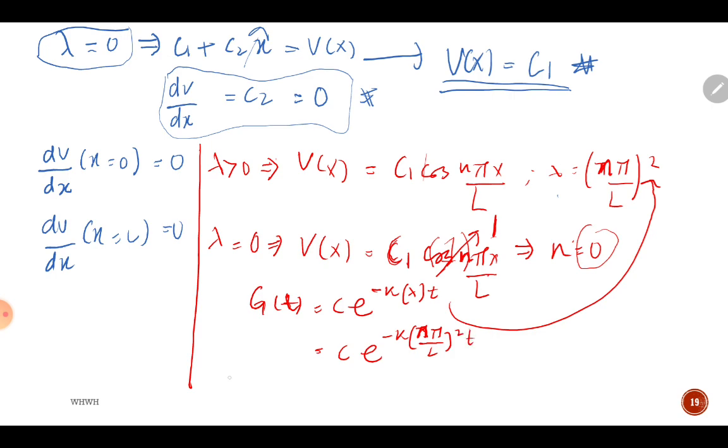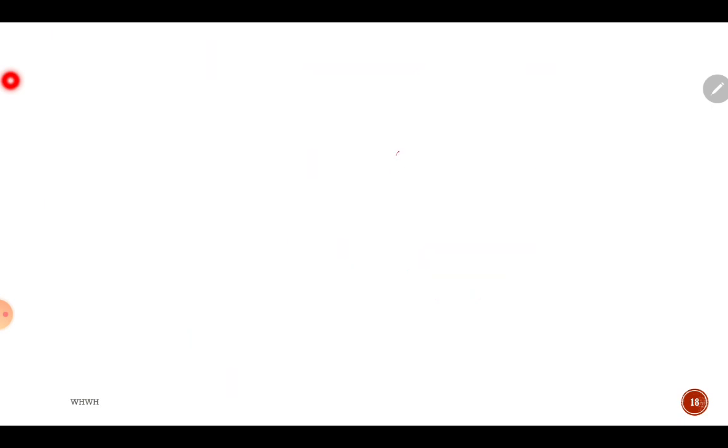So maknanya sekarang ni kalau kita nak darab uxt is equals to Vx times with gt, our Vx ni, we have two conditions, right? Kita take for lambda more than 0 and lambda equals to 0, and as I said before, one is for n equals to 0 and this one is for n equals to 1, 2, 3 and so on and so forth.